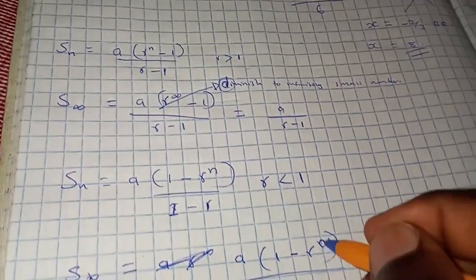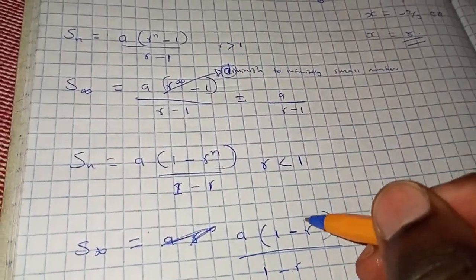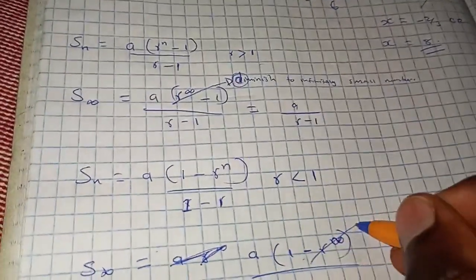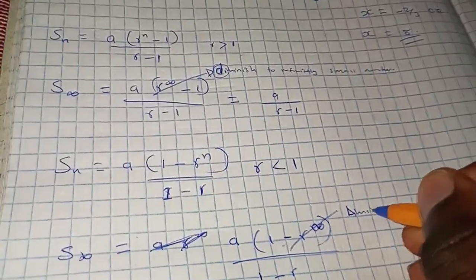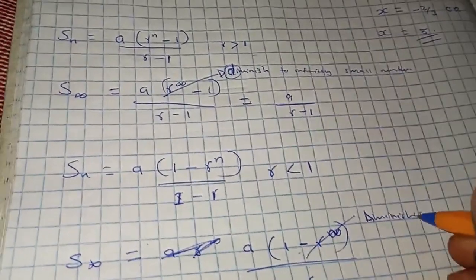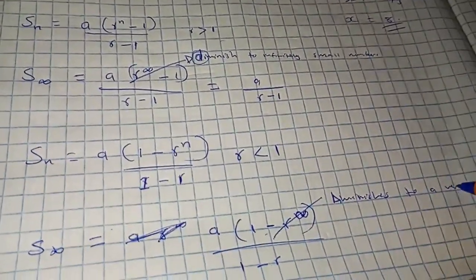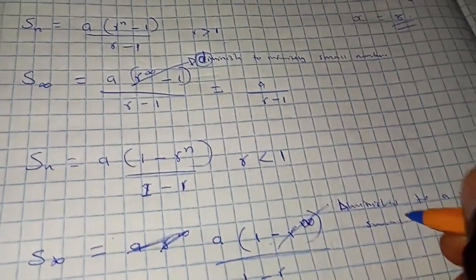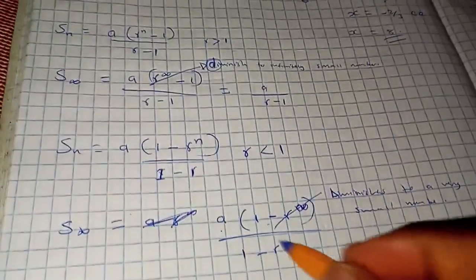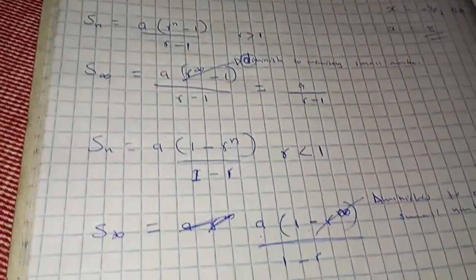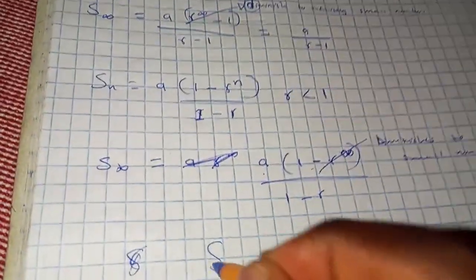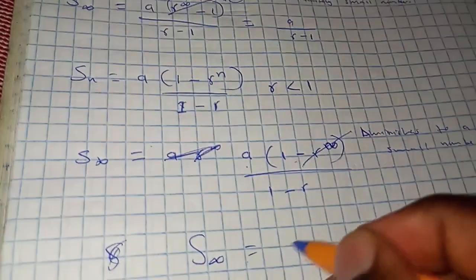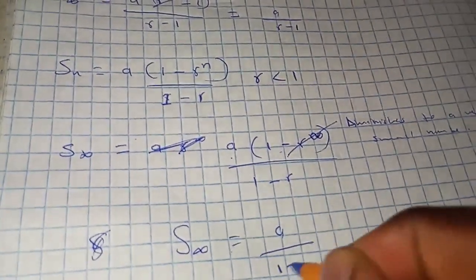If n is infinite, r to the power n diminishes to a very small number. So we are left with a times 1, which simplifies to S infinity being a divided by 1 minus r.